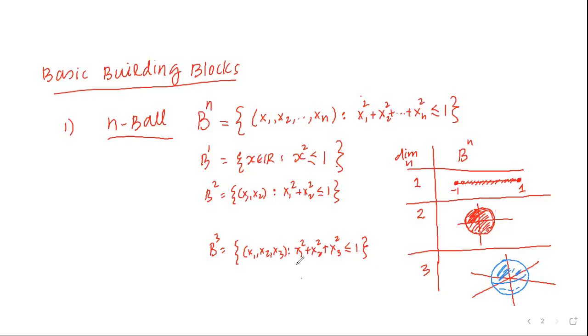This is the distance of any point from origin. So B3 consists of all those points whose distance from origin is 1 or less than 1. Similarly, B2 is all the points in the plane whose distance from origin is less or equals to 1.